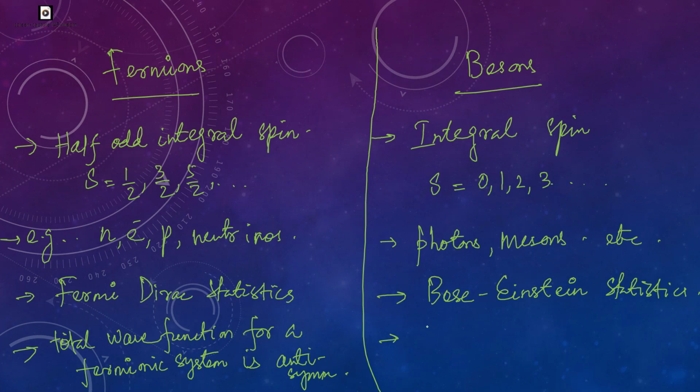But for a boson, total wave function is what? Symmetric. Total wave function for a boson system is symmetric.